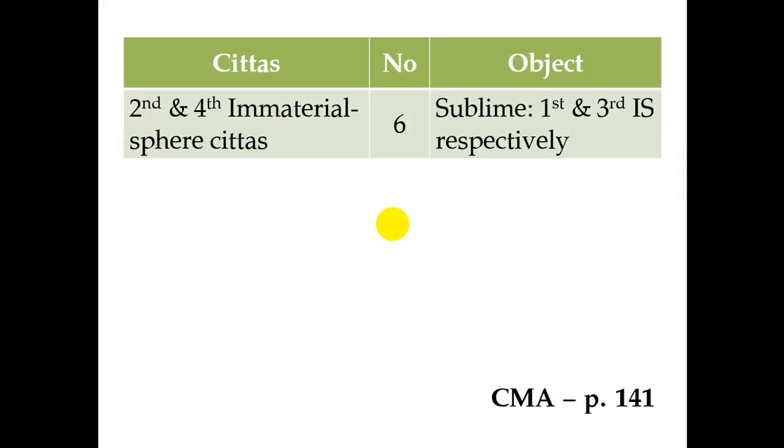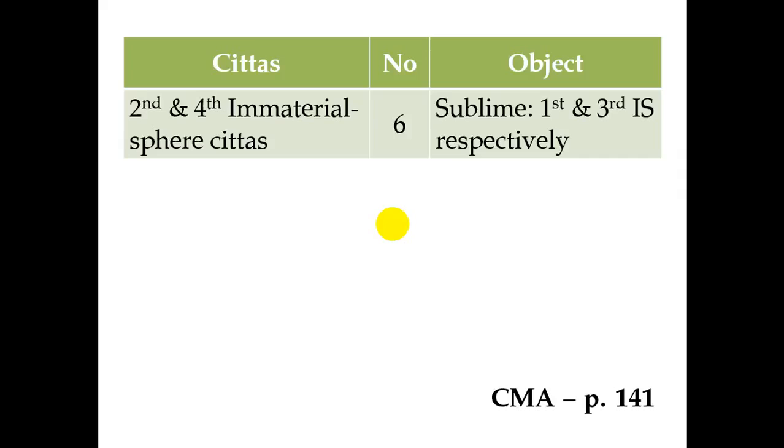Then, taking the first immaterial jhana as the object, right? Taking the object of the first immaterial jhana, he attains the second one. The second one is called infinite space, right?